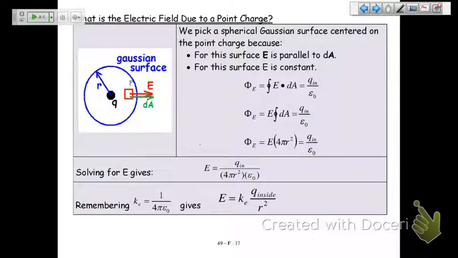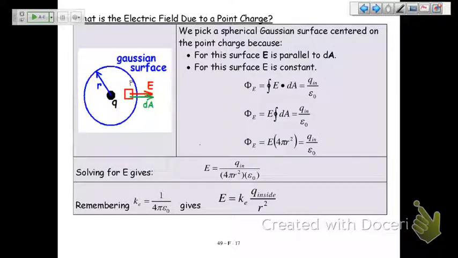Same distance, constant E. And the next thing is, because the area vector is perpendicular to the surface, it must be radial from the point charge. And my electric field, of course, is radial from the point charge. So these two are parallel. By picking this spherically symmetrical Gaussian surface, I've satisfied those two Gaussian surface wishes.